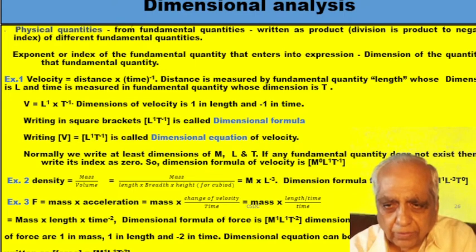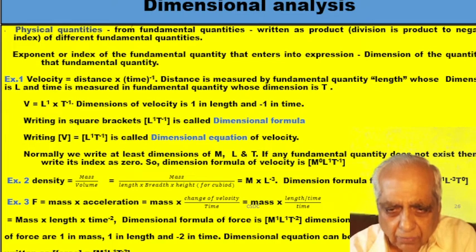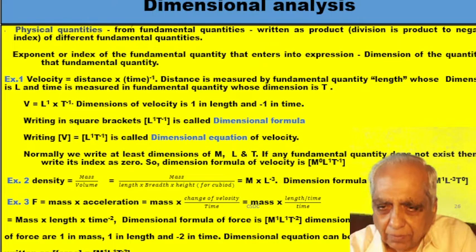Hello students, so today we will do one of the very important topics of physics, dimensional analysis. We have learnt earlier that any physical quantity can be written as a product of fundamental quantities. Product means division is also included.